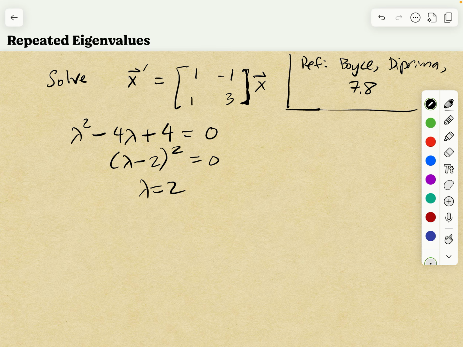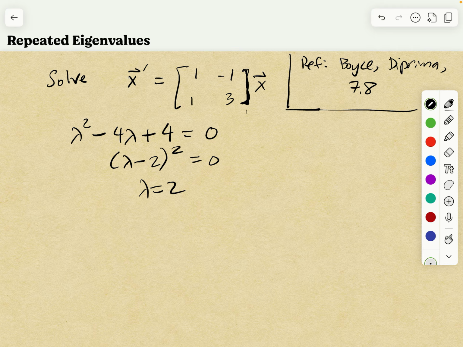But we know that the only diagonalizable 2 by 2 matrix that has only one eigenvalue is the diagonal matrix with lambda on the diagonal. Now this matrix A is not a diagonal matrix with 2 on the diagonal, so we know that this matrix is not diagonalizable.